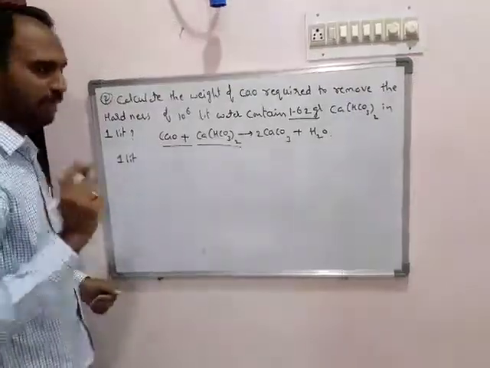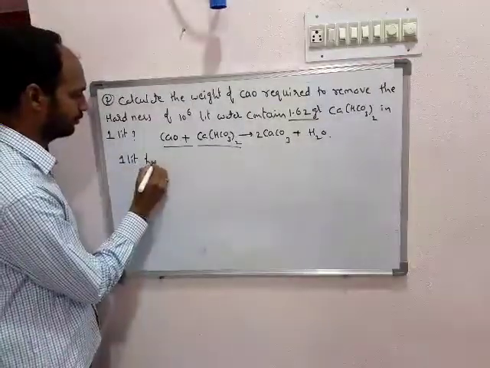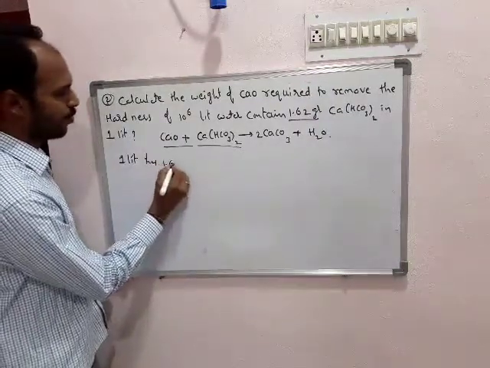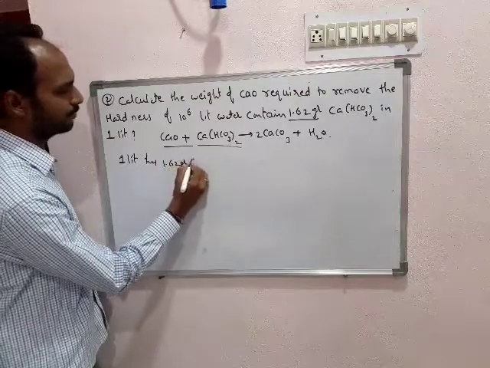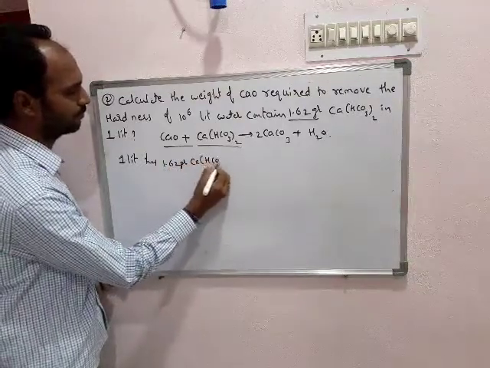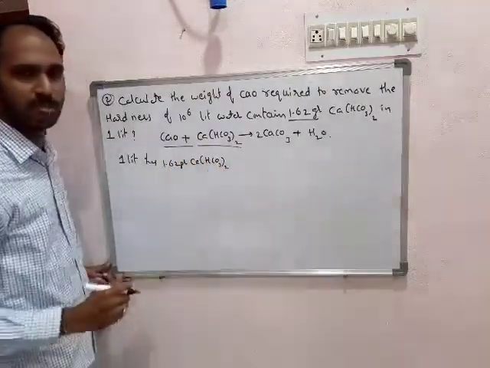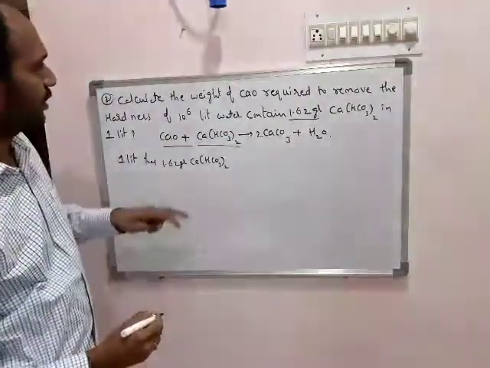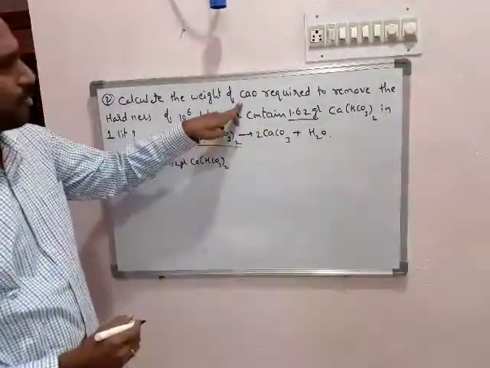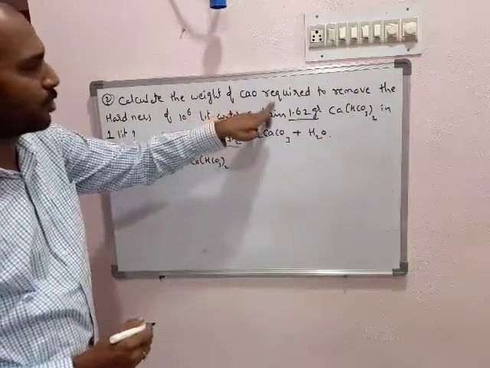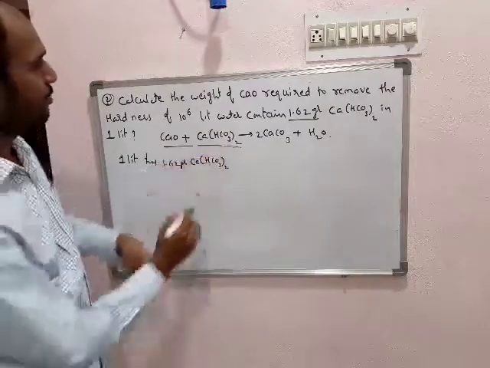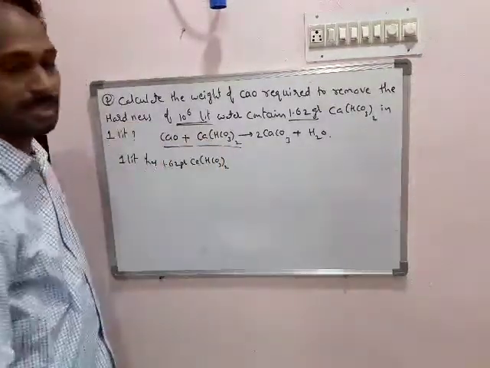In a sample of 1 liter, 1 liter of water has 1.62 gram calcium hydrogen carbonate. But we need to calculate the amount of calcium oxide required to react with the calcium hydrogen carbonate present in 10 power 6 liters.